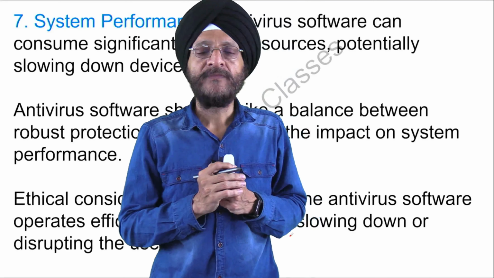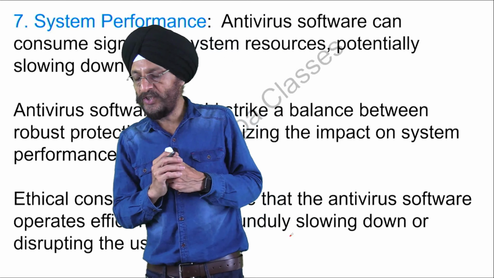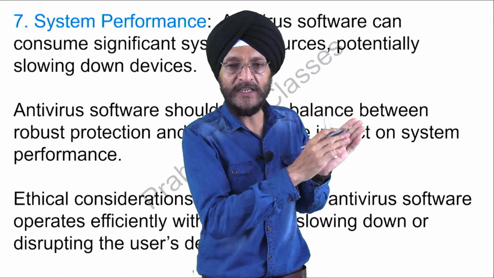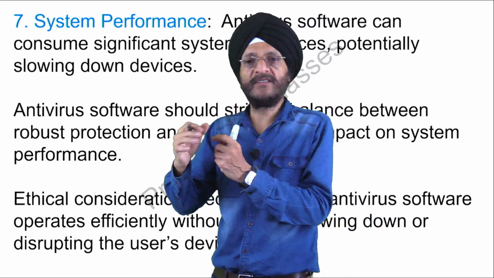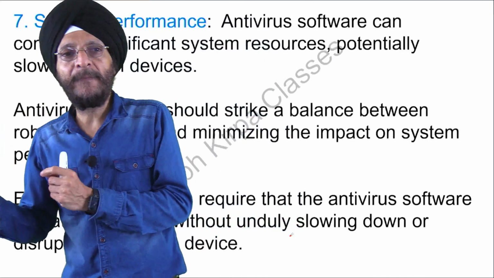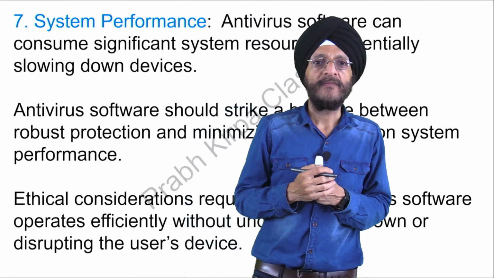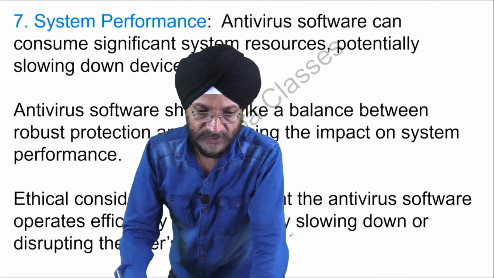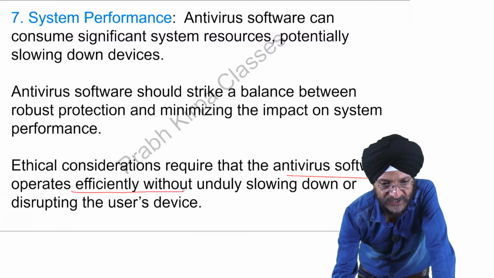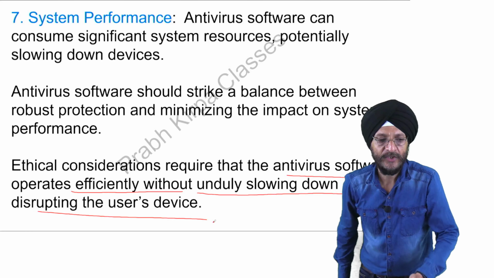It means that antivirus software vendors should ensure that on one side the antivirus software provides maximum protection, and on the other side it has the minimum impact on the working of the computer system. Ethical considerations require that the antivirus software operates efficiently without unduly slowing down or disrupting the user's device.